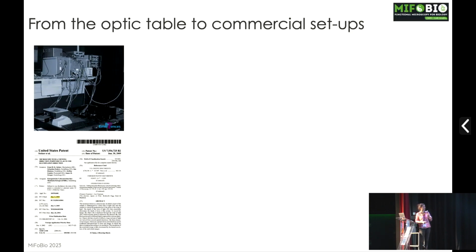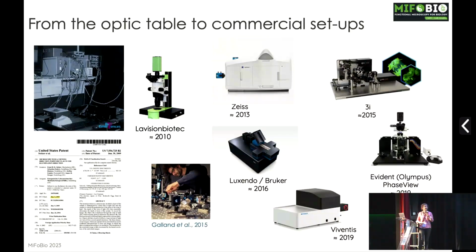So here it states that the first PCT was in 203. But then it has evolved in order to be more usable and commercially available for the biologists and other scientists.